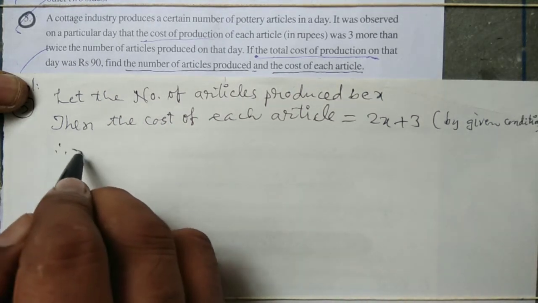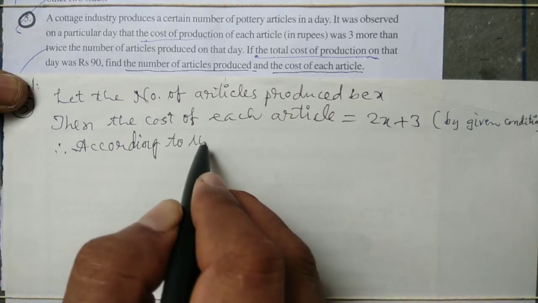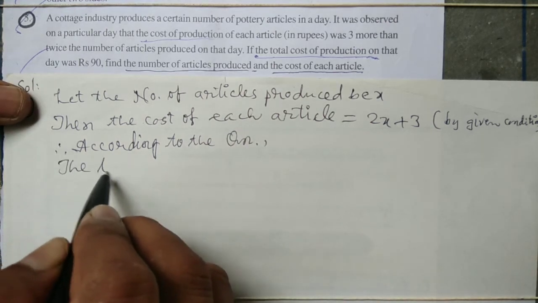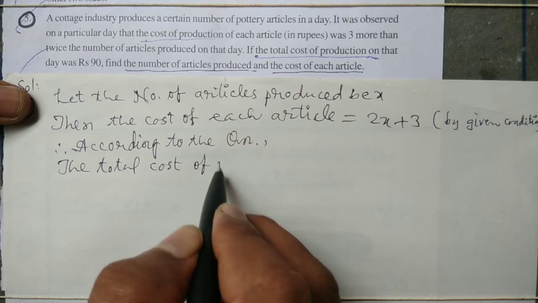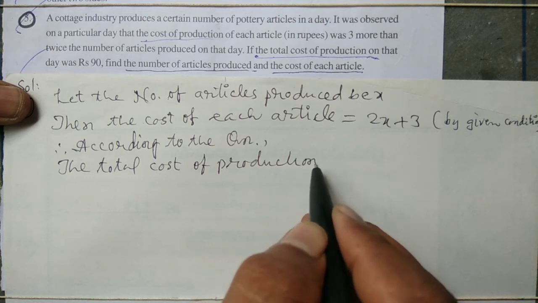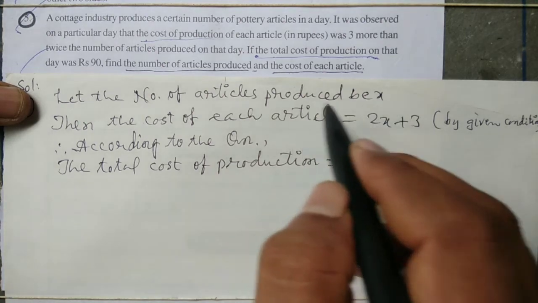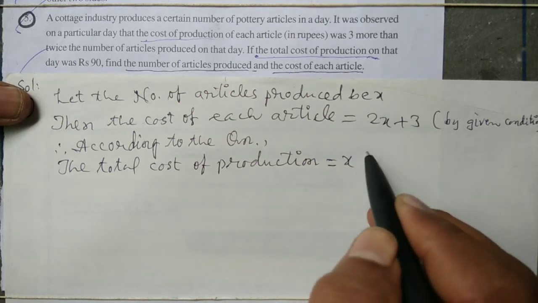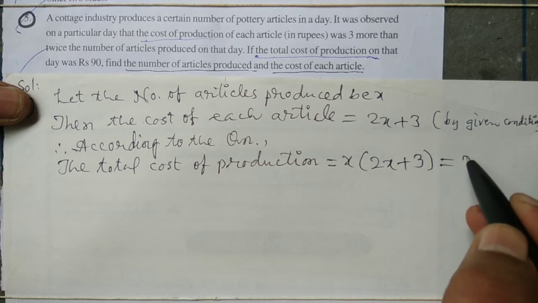According to the question, the total cost of production is equal to the number of articles into the cost of each article, that is x into 2x plus 3, is given 90 rupees.